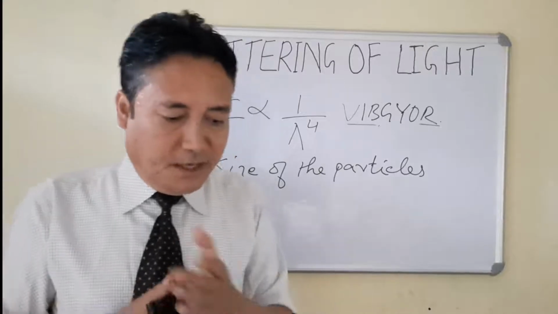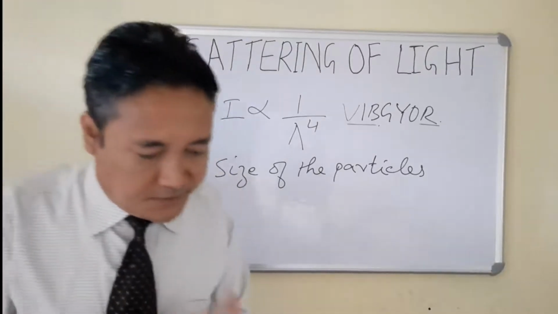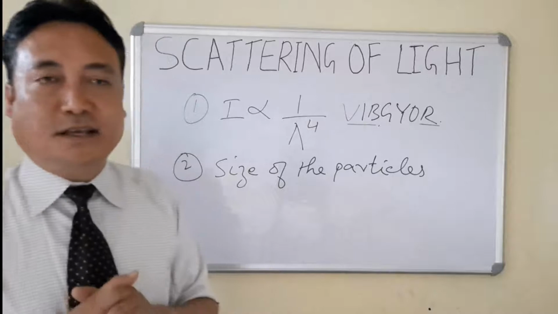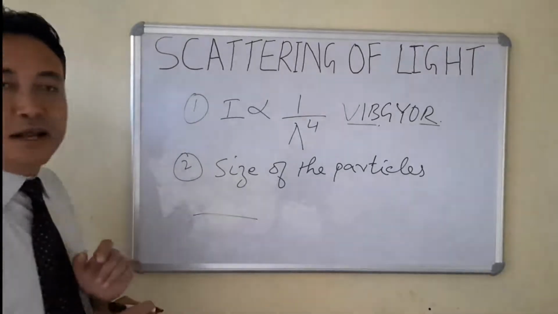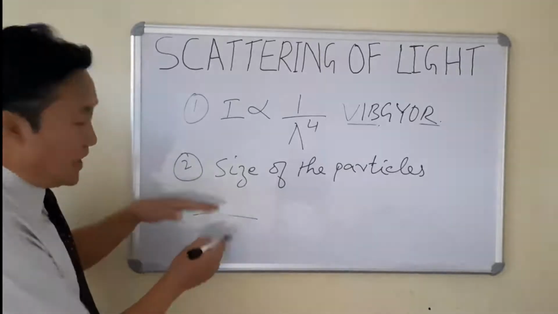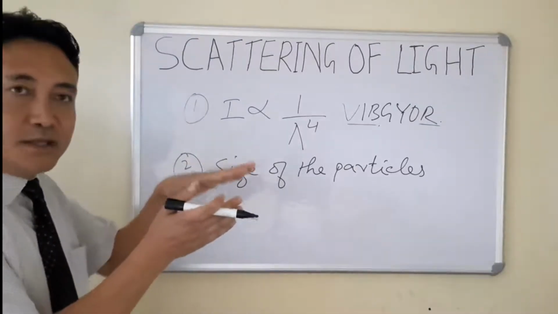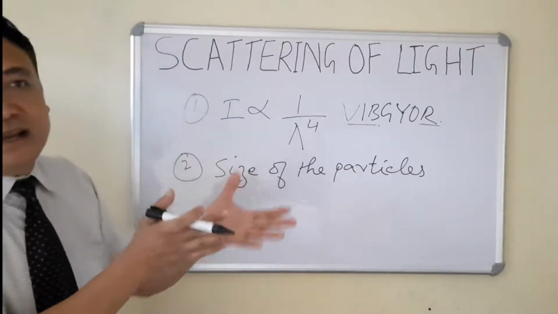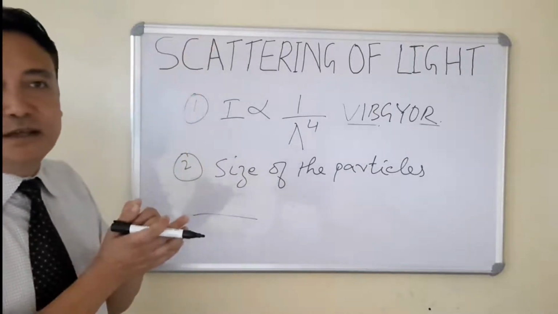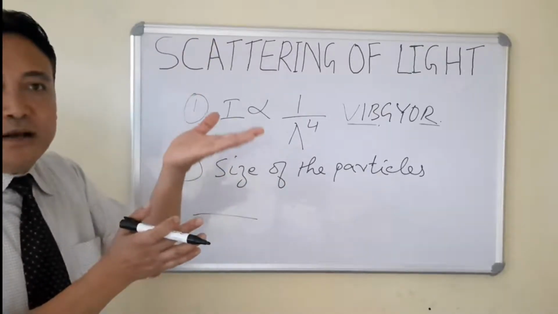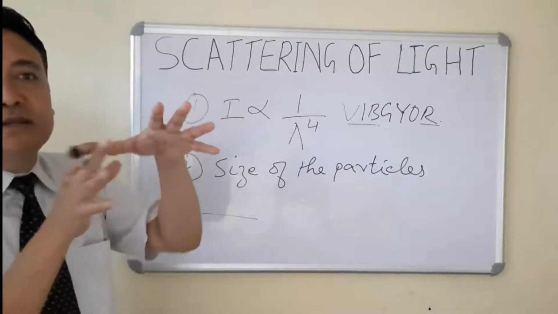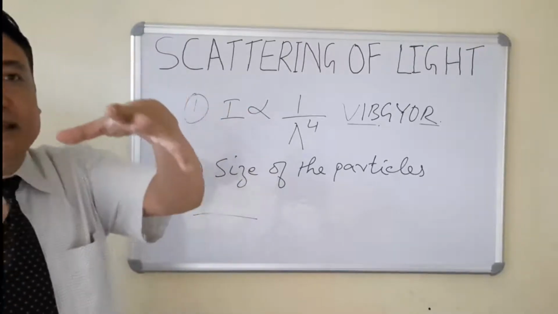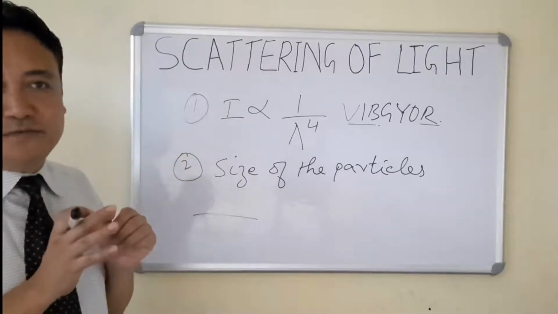Similarly, the reddening of the sun at sunset and sunrise. When the sun is at the horizon, just below the horizon, the light rays will not enter the Earth's surface. When they come up to the horizon, just above the horizon, the light from the sun enters the Earth's atmosphere.